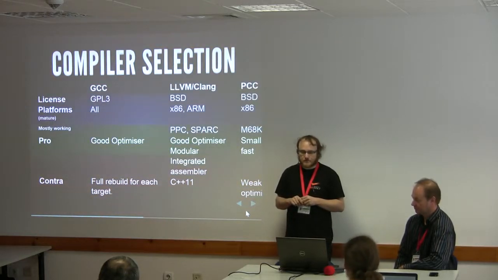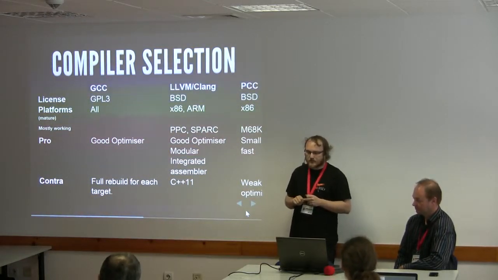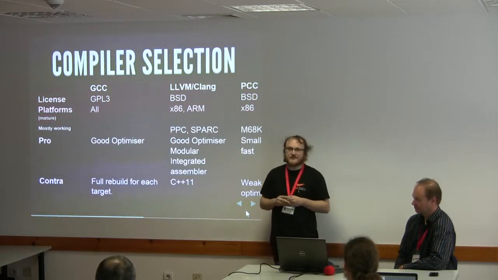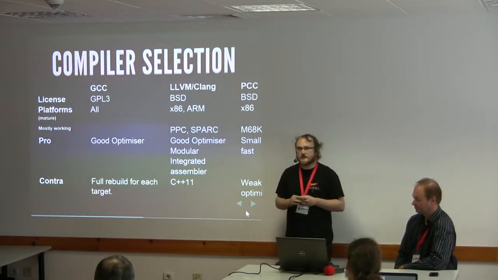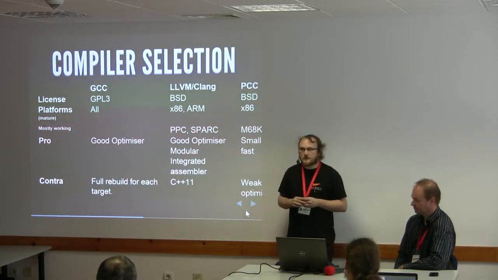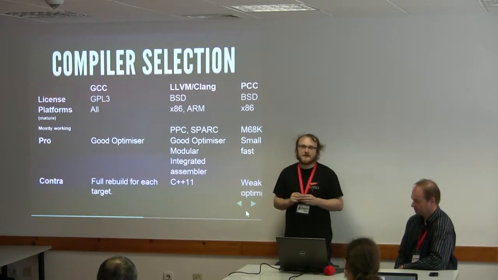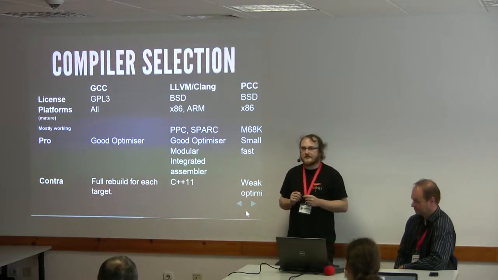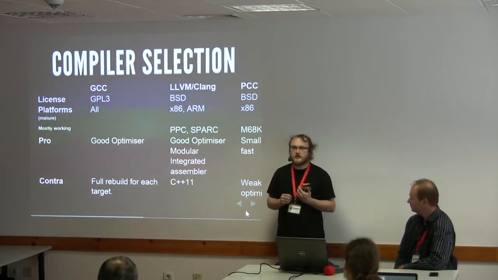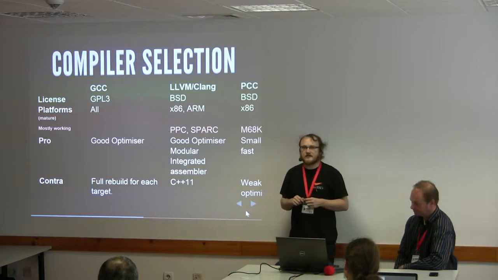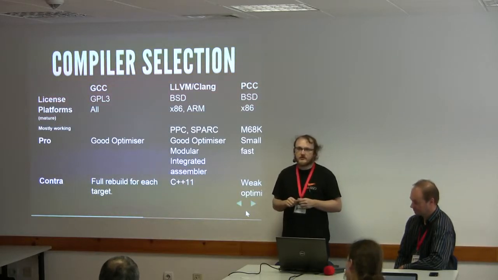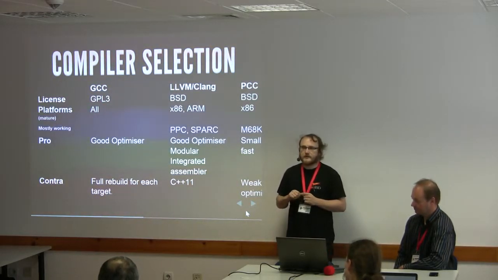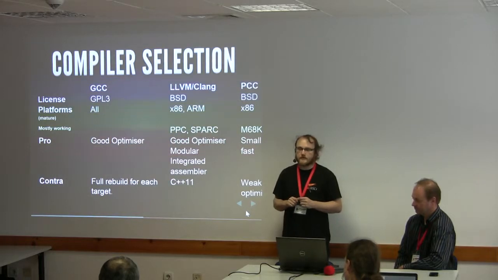So the primary problem with PCC is that the code it generates is not very fast. If it's simple code, it's decent enough, but anything that really depends on inlining and fancy optimizations is going to see serious slowdowns with PCC.